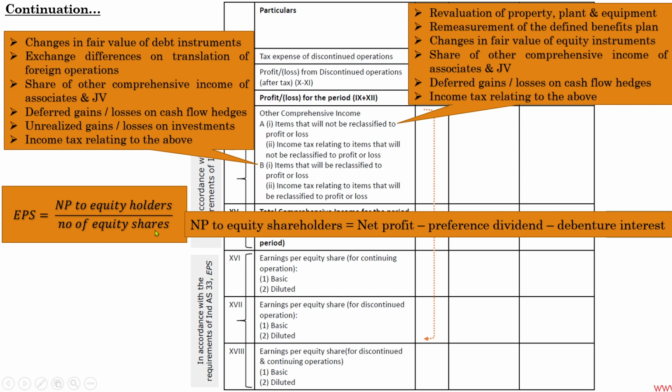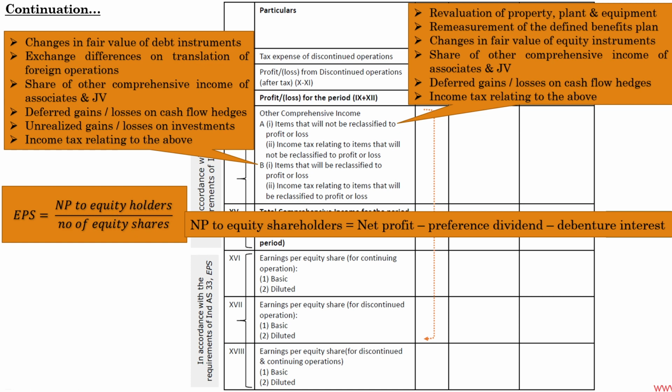You have to consider if there is any convertible preference shareholders given in the question, if there is any convertible debenture holders given in the question. You have to add these two items along with the number of equity shareholders given in the question in order to get the denominator number.